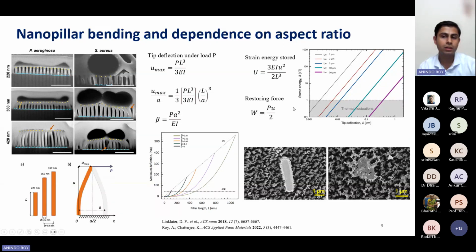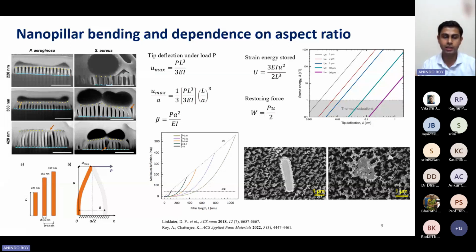Another important point to note here is that depending on the aspect ratio, for the same pillar diameter, if we increase the length, so increase the aspect ratio, for the same amount of tip deflection, the stored elastic energy in a taller pillar will be much lower than that in a shorter pillar. So therefore, basically, shorter pillars are more difficult to deflect.